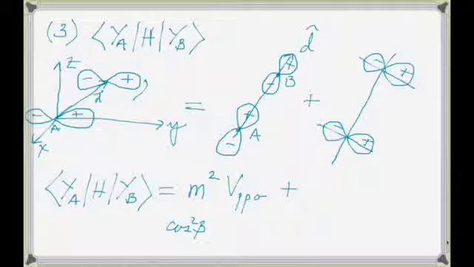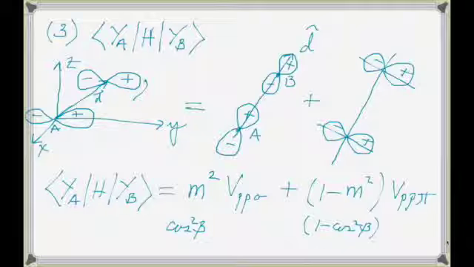So that's 1 minus m squared, times V_ppπ.